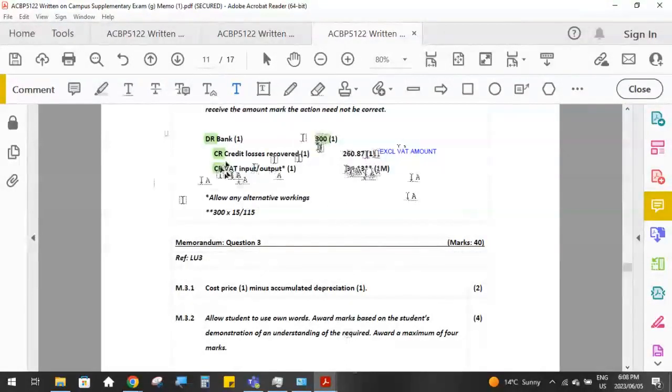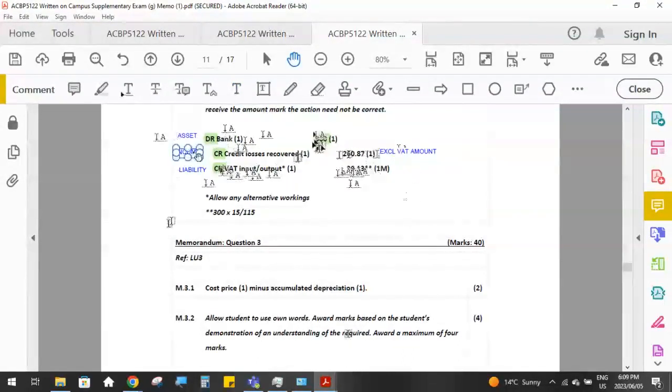That's why it is a credit. This account here, credit losses recovered, is an income account, and the VAT output account is a liability account. Okay? And the bank account is an asset account.